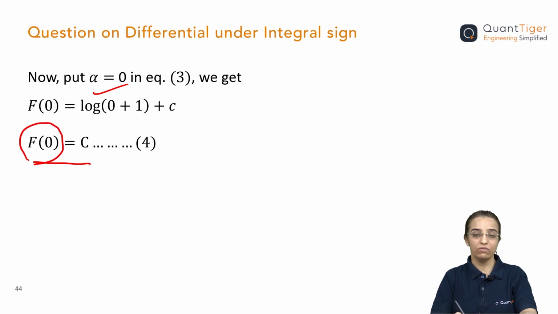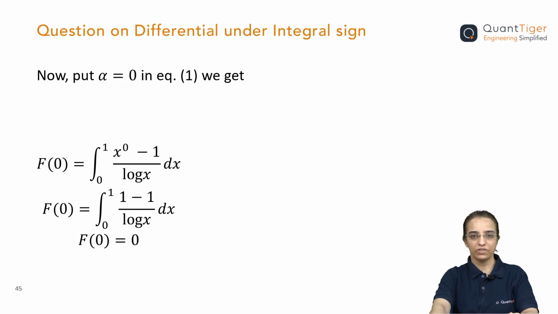We need to find the value of f of 0, only then will we know the exact value of c. So how will we find f of 0? Obviously in the function we have to keep that value at 0. So f of 0 means wherever it is alpha, we have to keep it 0.